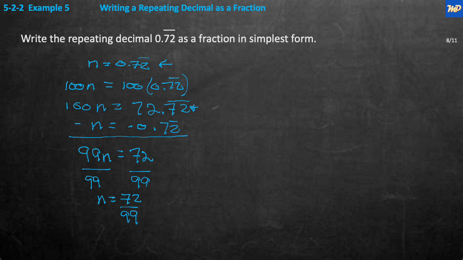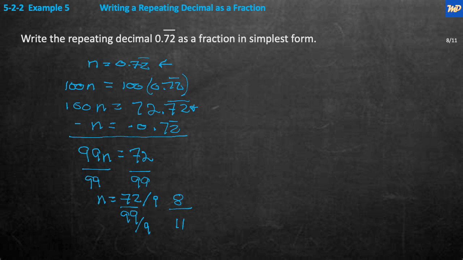Okay, and so now what is 72 divisible by? What are we going to do here? Well, 9 times 8 is 72. So we're going to reduce this down to lowest terms. 72 divided by 9 is 8, and 99 divided by 9 is 11.